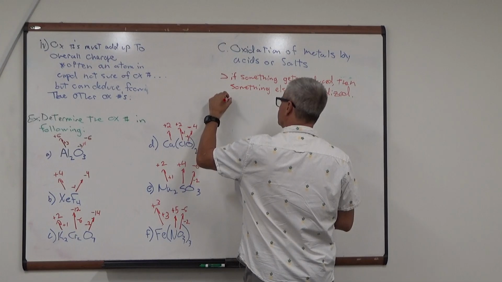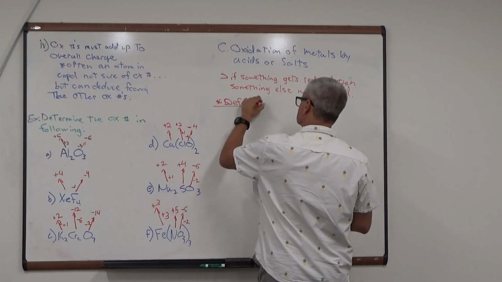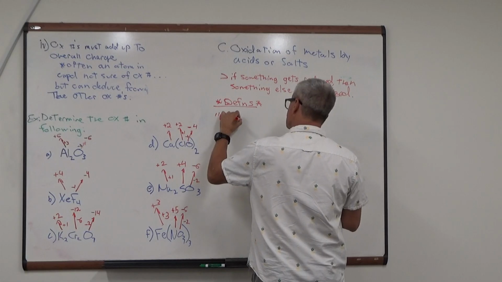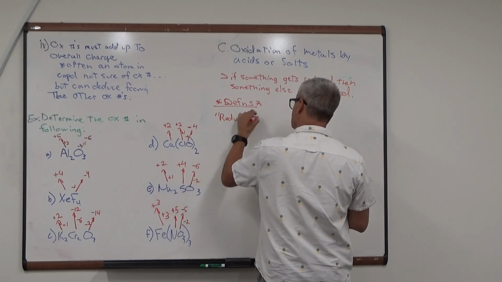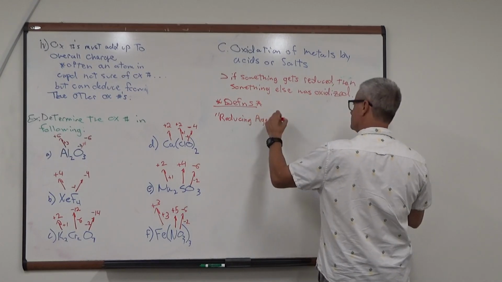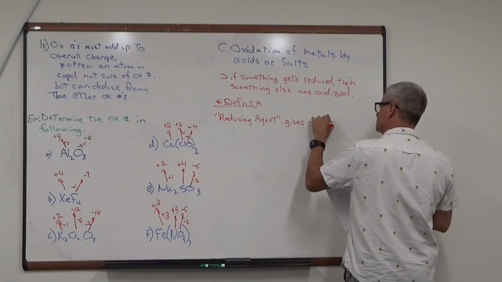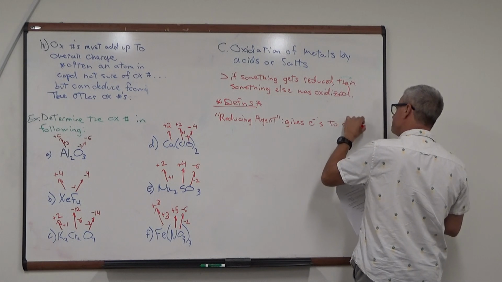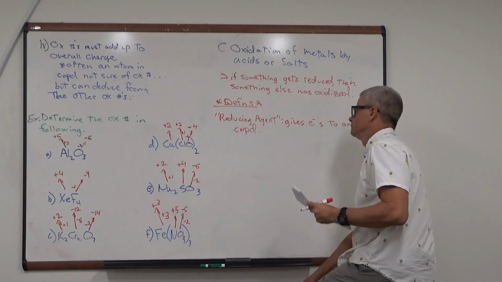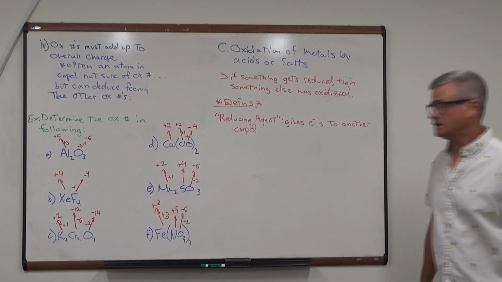You know these, but we have the reducing agent. It gives the electrons to another compound, and in the process, the reducing agent gets oxidized.